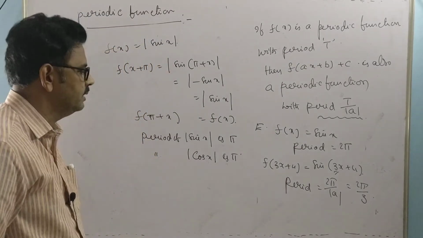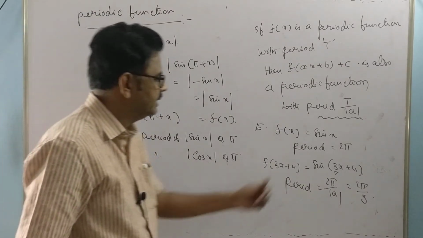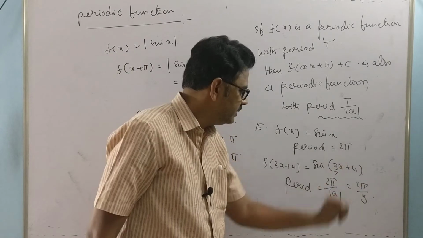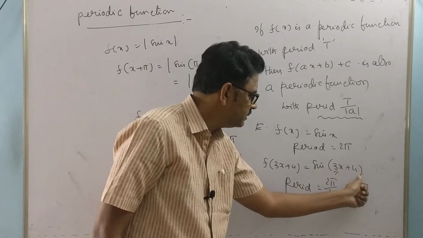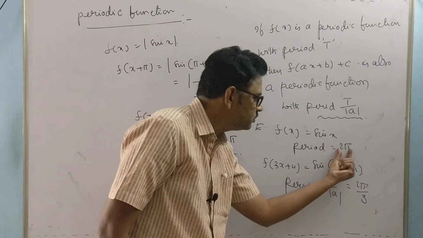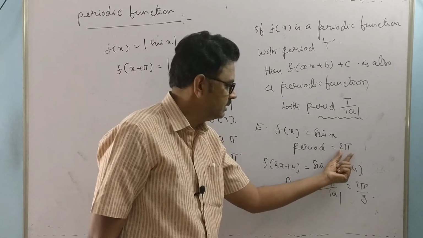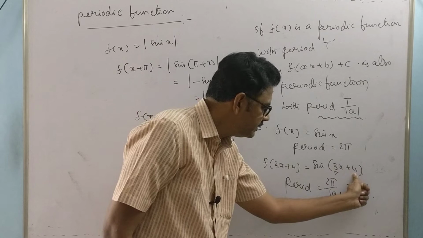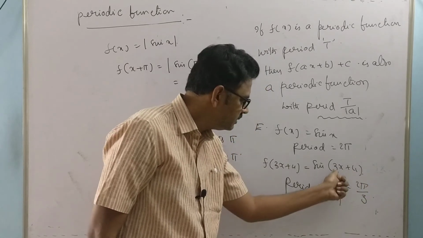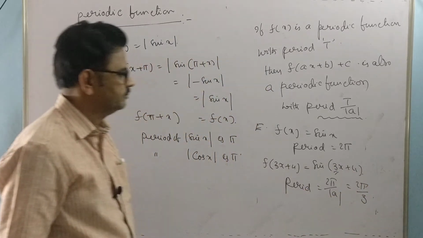Sin x has period 2 pi; sin of ax plus b has period 2 pi by mod a.